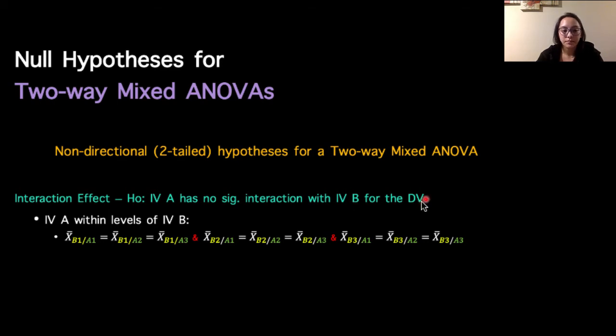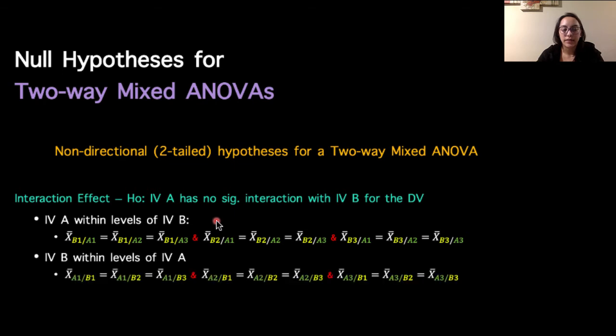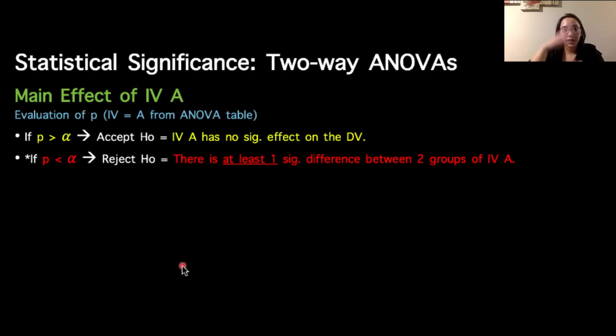Okay. So then, again, when we look into this interaction further, we can see if there are significant differences of independent variable A within levels of independent variable B, or we can also see if we have significant differences between levels of independent variable B within levels of independent variable A. Once we know what our null hypotheses are for our main effects, then we can look for them in our ANOVA tables.